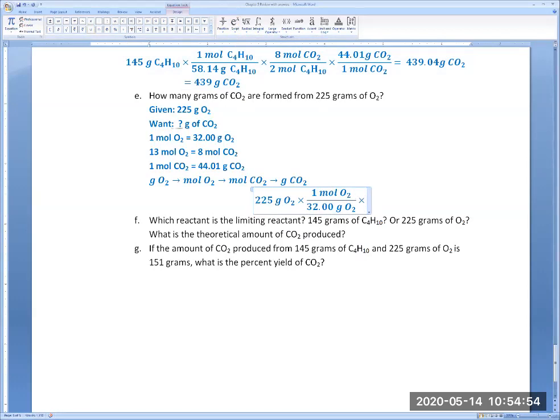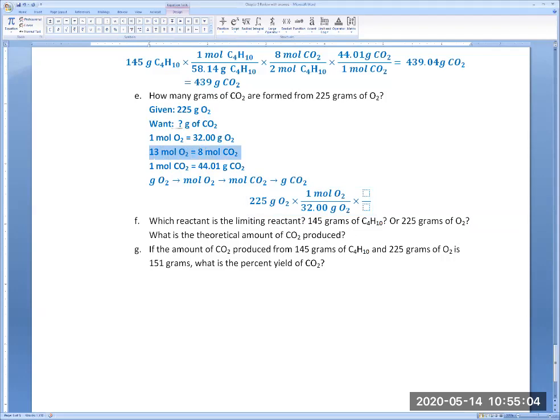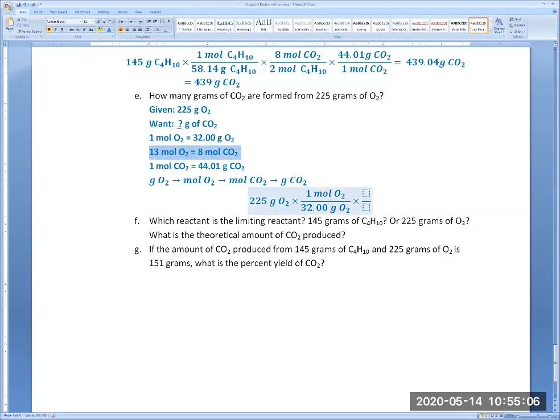At that point, you have moles of O2 and you want to change them to moles of CO2. So the next conversion factor will use the fact that 13 moles of O2 equals 8 moles of CO2. And you want to place the 13 moles of O2 in the denominator because you want to be able to cancel the units of moles of O2. Why is it gone each time?